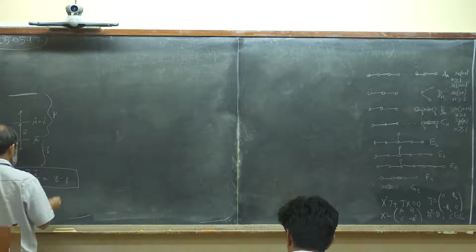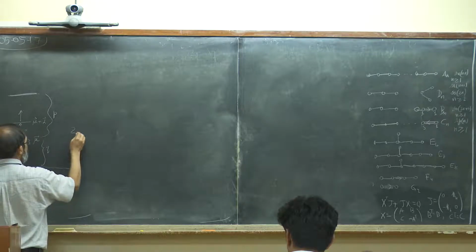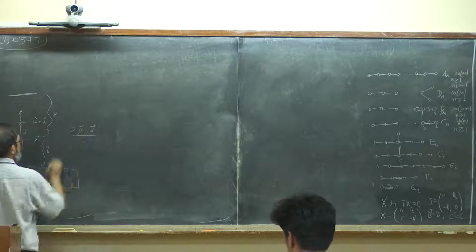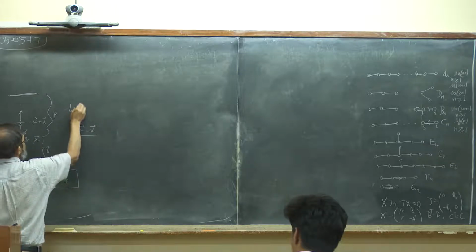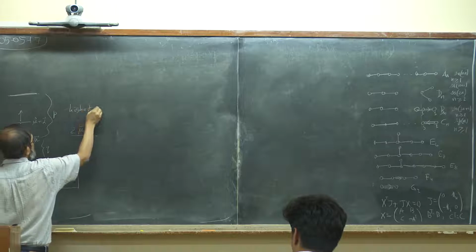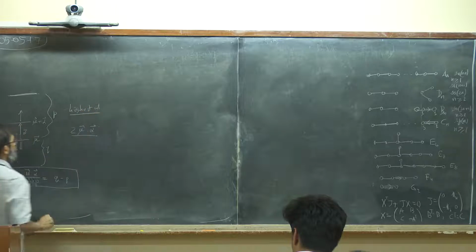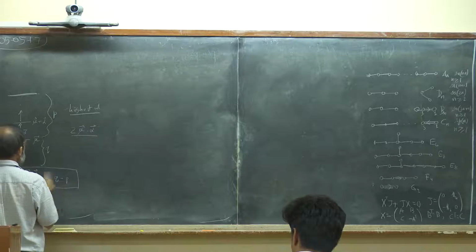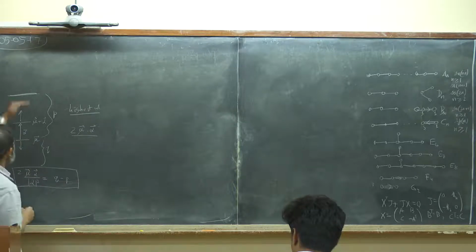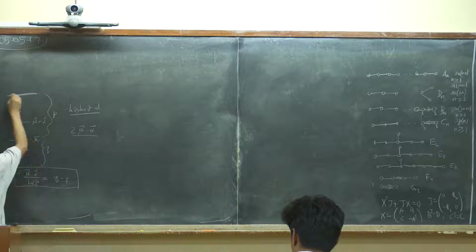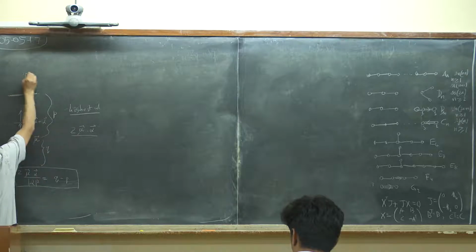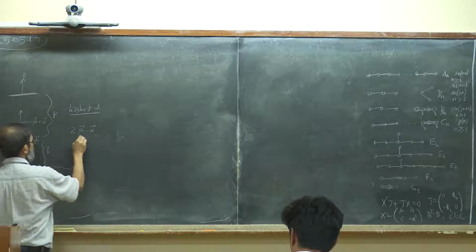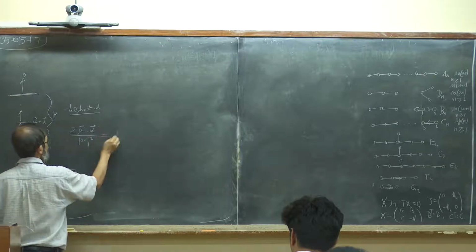For the highest weight vectors, p will be 0 because there is no tower above it. So raising operators will annihilate that, and therefore this statement will be true.